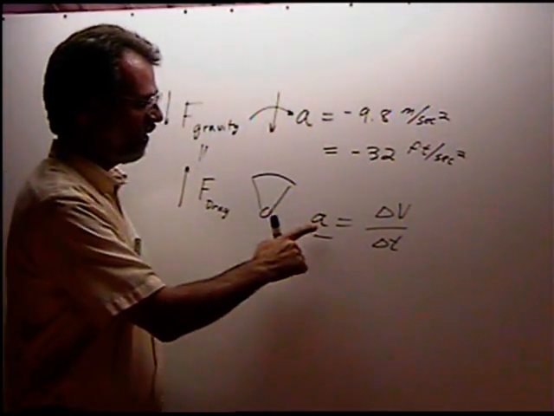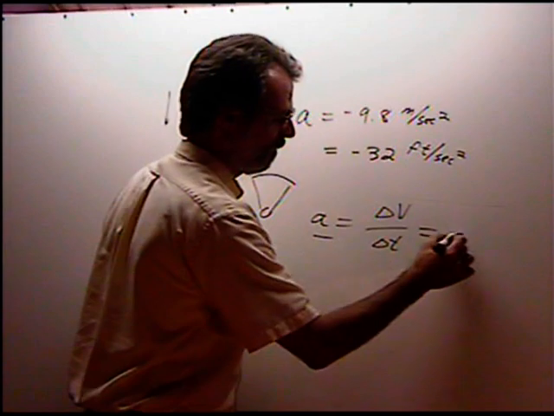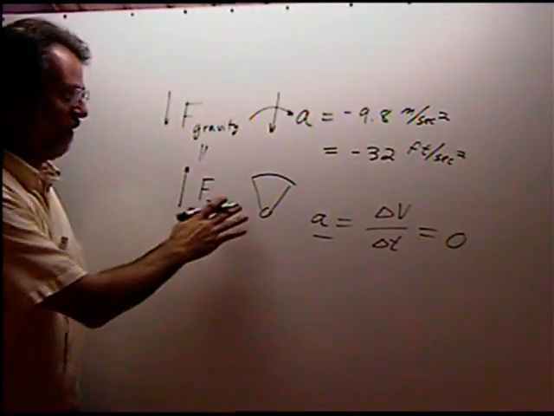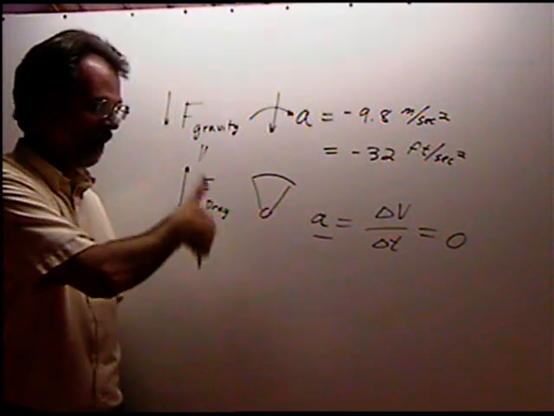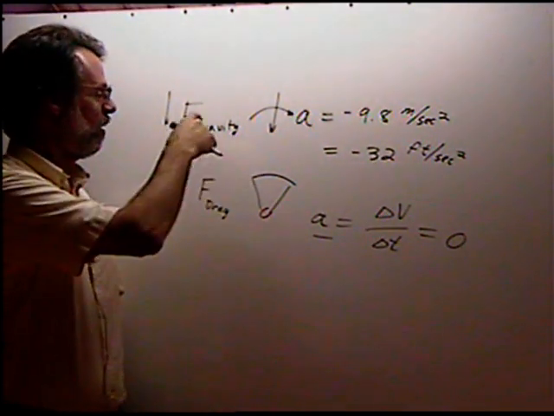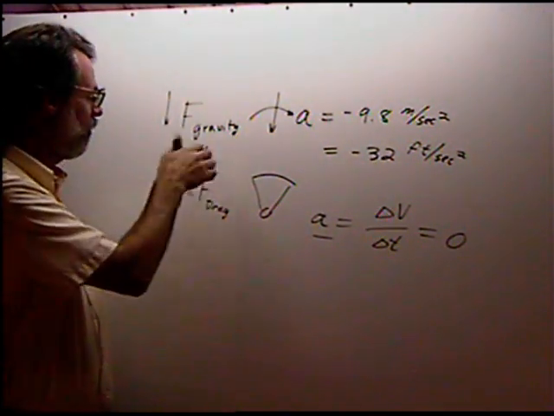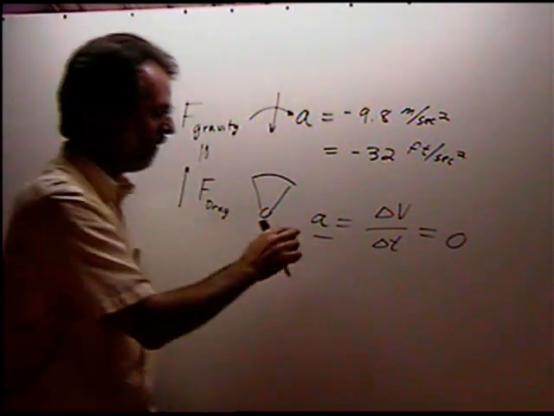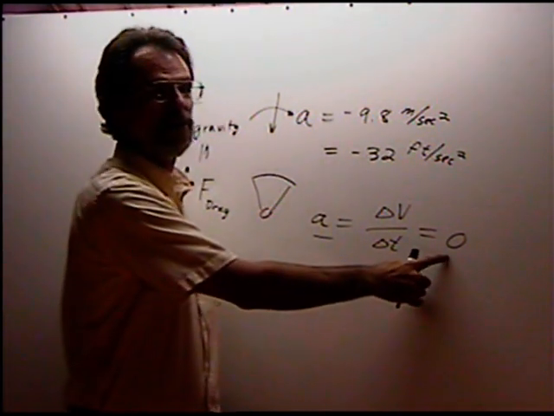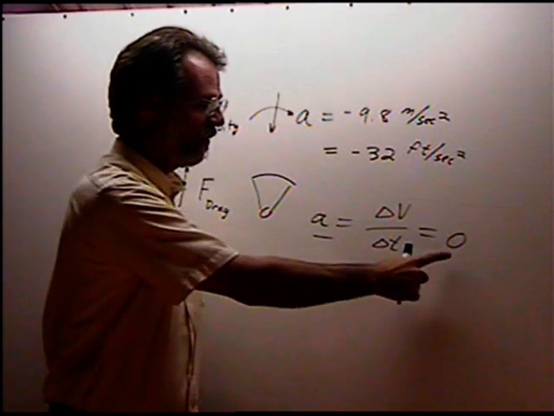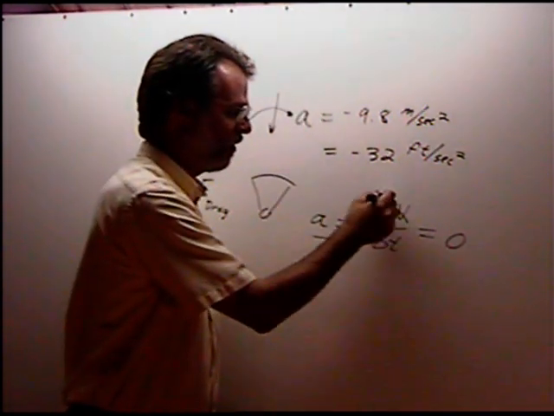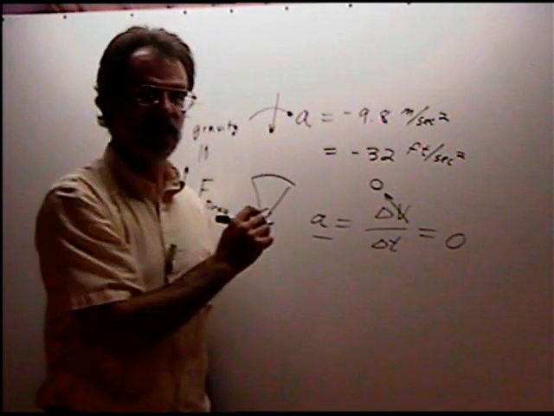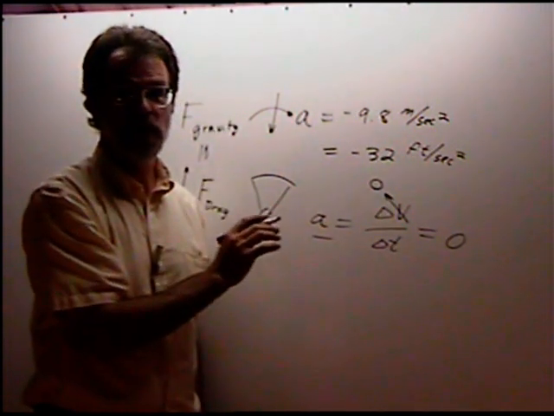Whenever our acceleration becomes 0, because we have this drag force that's causing an upward force opposing gravity, whenever these two forces are equal, our acceleration becomes equal to 0. Whenever the acceleration equals 0, our change in velocity becomes 0. We don't change velocity anymore.